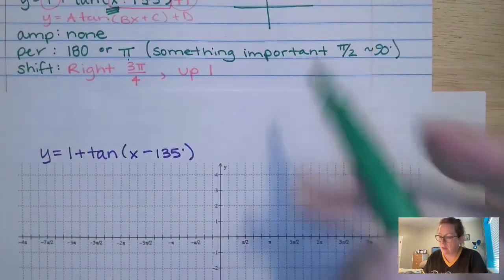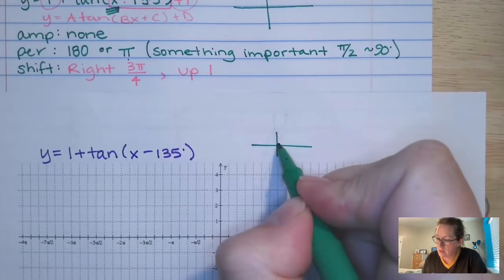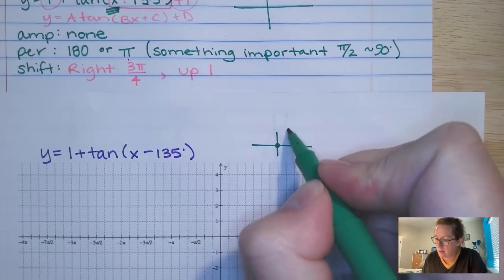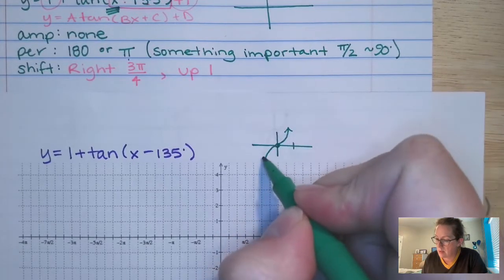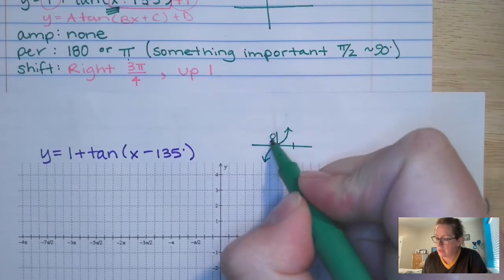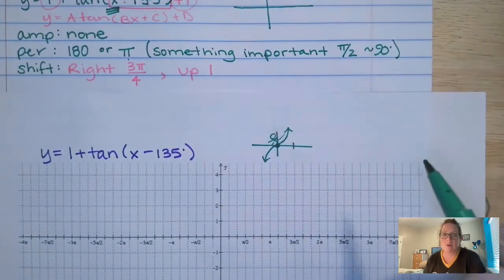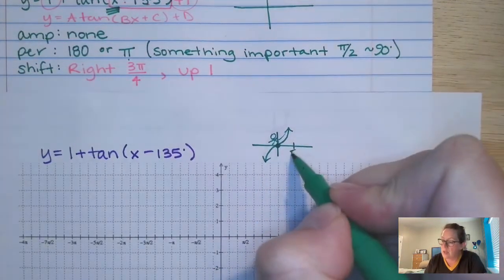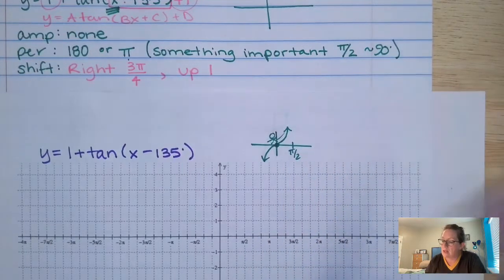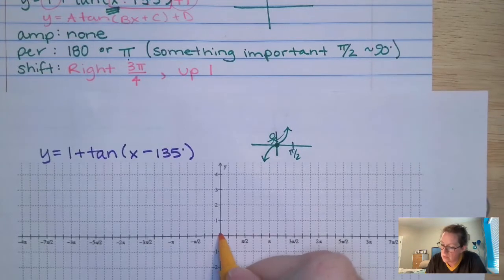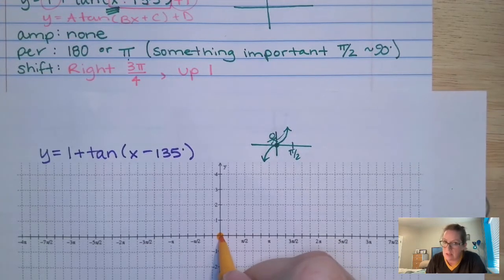All right, so we know tan. I'm just going to redraw that right here. If you're right here, it's a positive graph going up the slide. And then this is pi over 2. All right, so let's draw our starting graph and then we'll shift. So our starting point is at 0, 0.